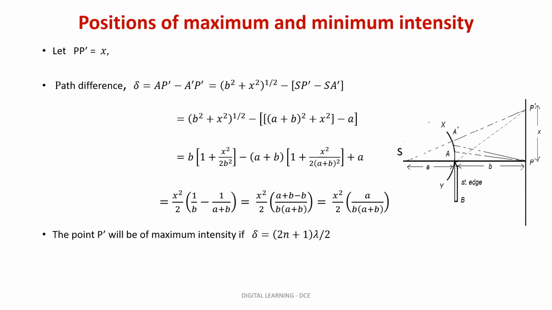The point P dash will be of maximum intensity if the path difference between the waves emerging from A to A dash is (2n plus 1) into lambda by 2.